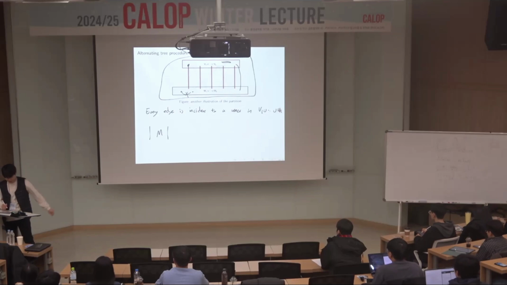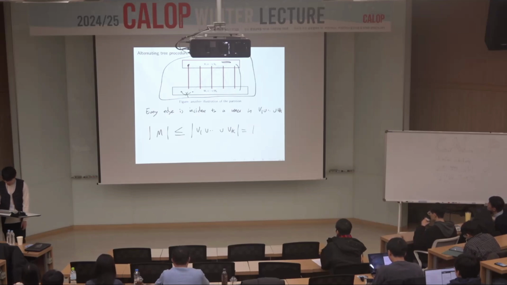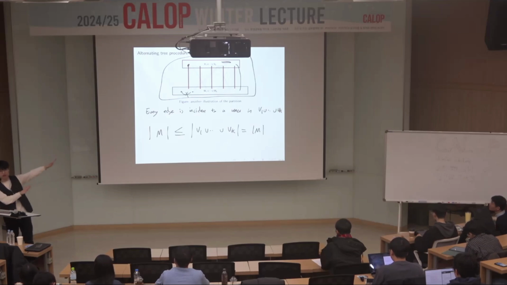So the size of this matching has to be at most the number of vertices at the top, because one edge in a matching has to use at least one vertex from the top. But this is the size of our current matching, right? Due to the way we constructed our trees, the number of vertices at the top is basically the number of matching edges. So this is the maximum matching.